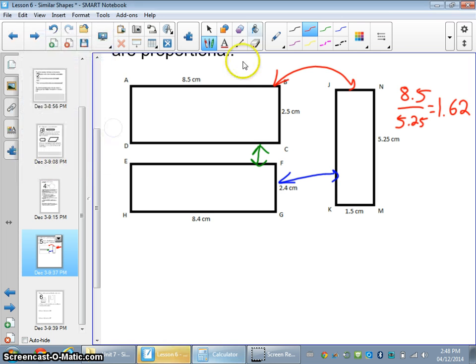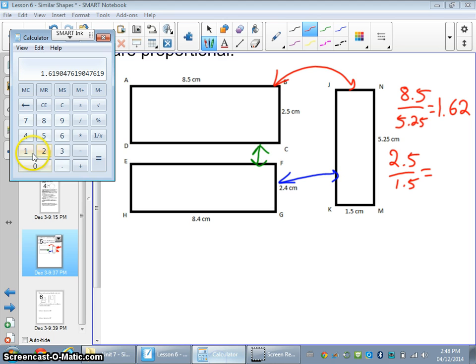And then compare the widths. Okay, so we have 2.5 here and 1.5 here. So bigger one on top, 2.5 over 1.5. What do we get? 2.5 over 1.5, we get 1.66 repeating. So they are close, but they're not identical. So these two are not similar rectangles.